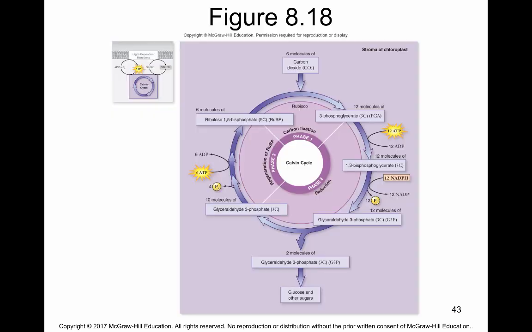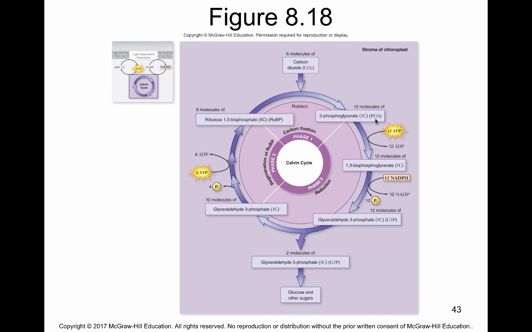So here you see a breakdown of the process. Carbon fixation is at the top here, where the enzyme Rubisco takes RuBP and combines it with CO2, forming PGA. I am not concerned about these numbers. Don't worry about having 12 molecules of that and 10 of this. Just know the major intermediates of the process.